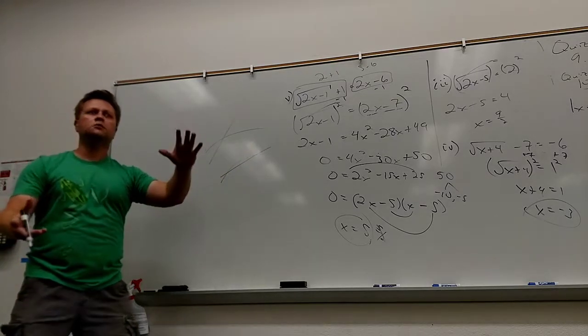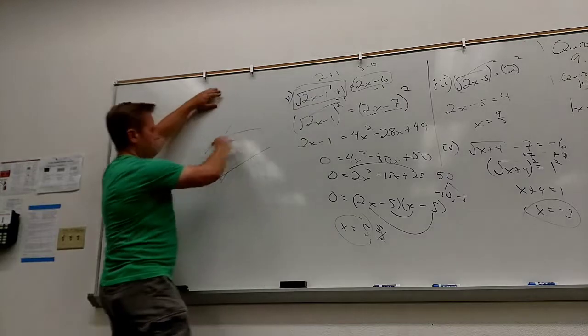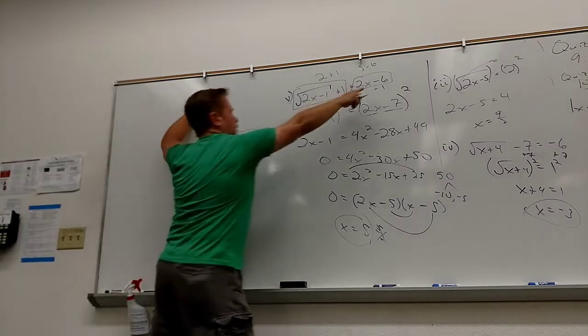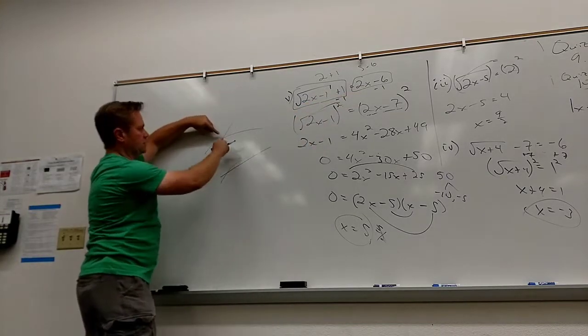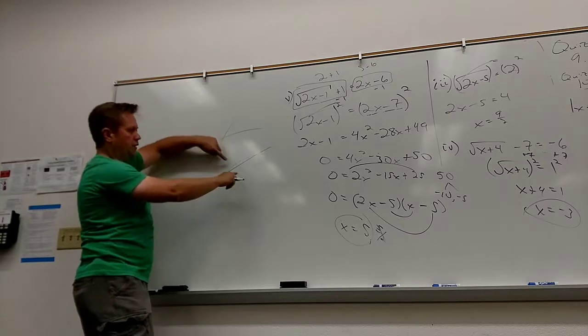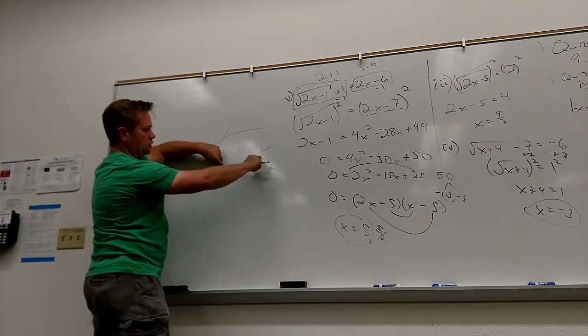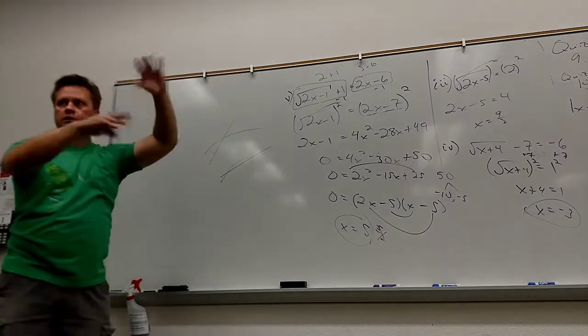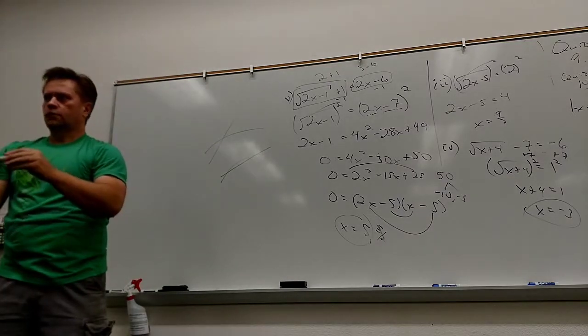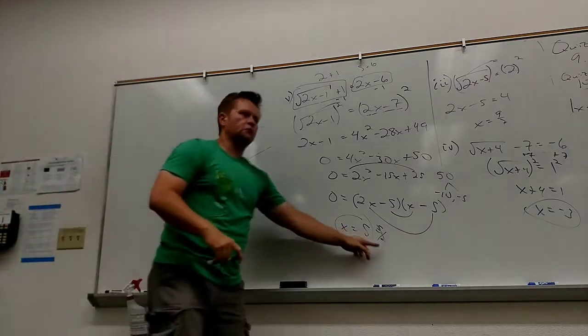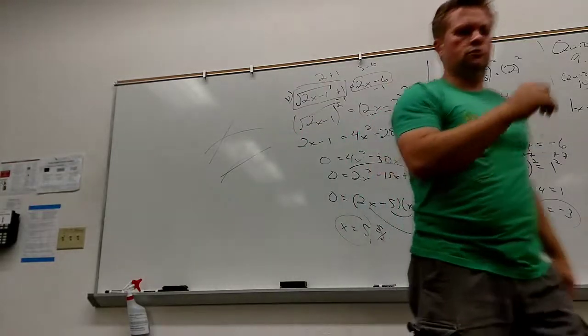Does everybody see what I'm doing right now? This side would look like a square root, and this side would be just a line. So in this case, it just hit once at 5. But both of them could possibly be true. It just has to hit twice. It is possible. But more than likely, one of these won't work.